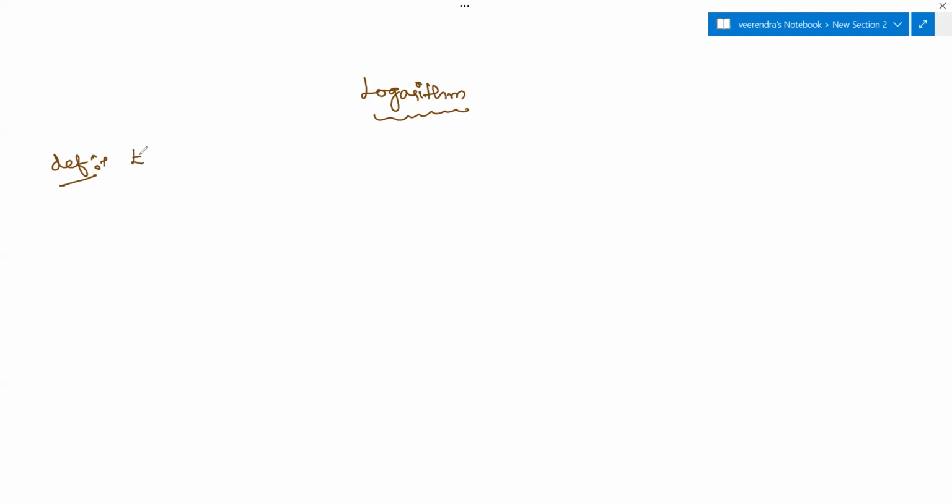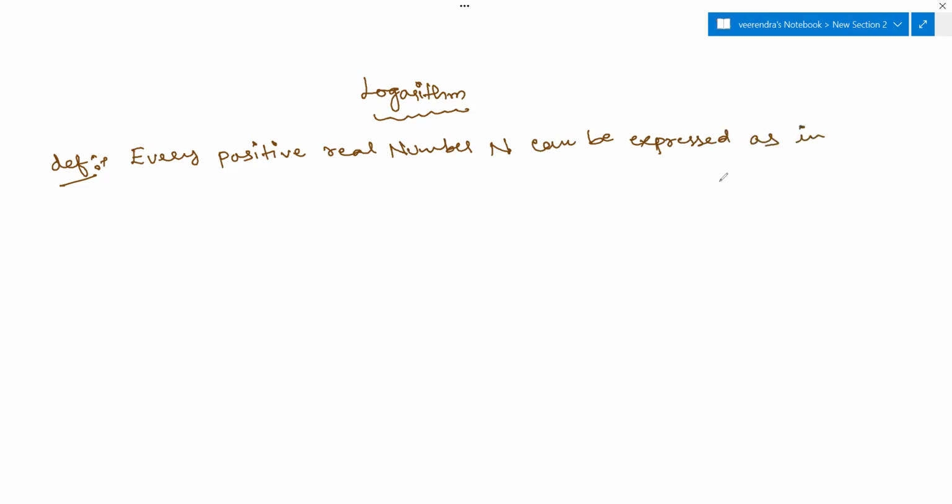Every positive real number, if we take it as, suppose, capital N, can be expressed in exponential form as capital N equals a to the power x.